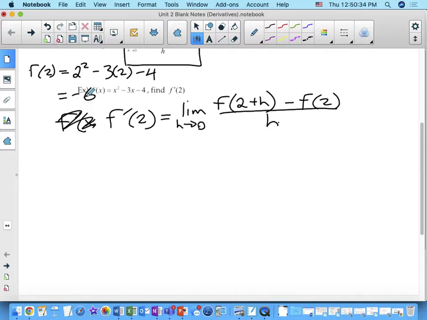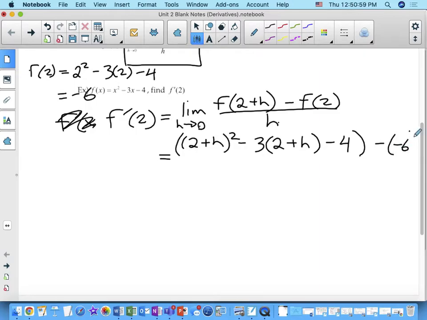Yeah, negative 6. So this piece is negative 6. So we're going to get 2 plus h squared minus 3 times 2 plus h minus 4 minus negative 6, over h.